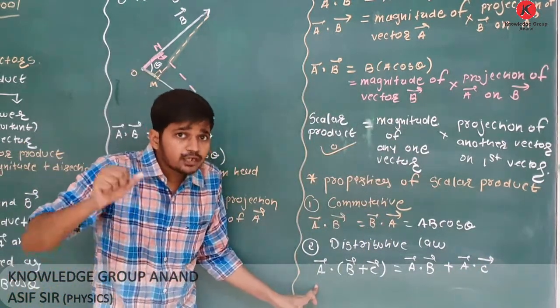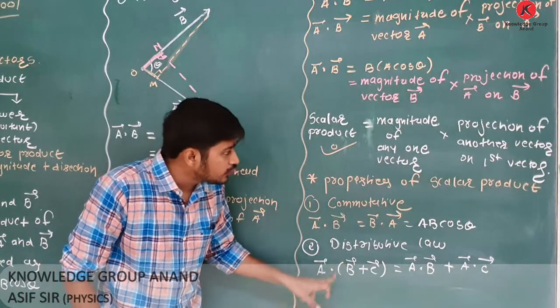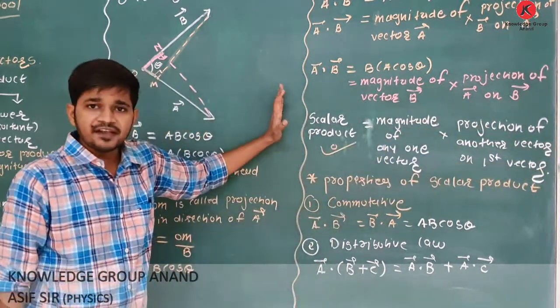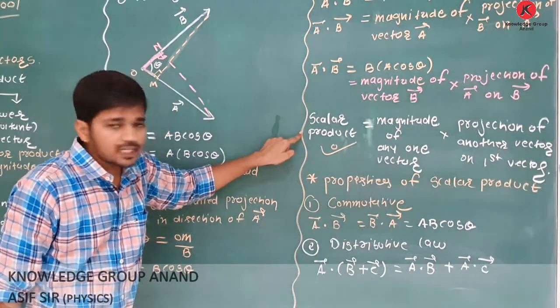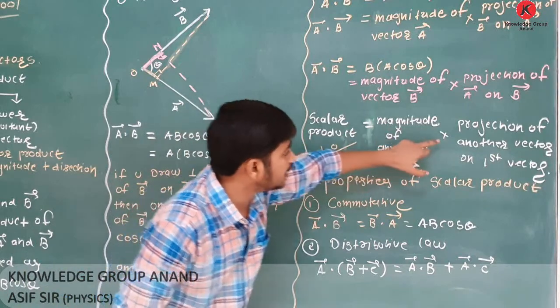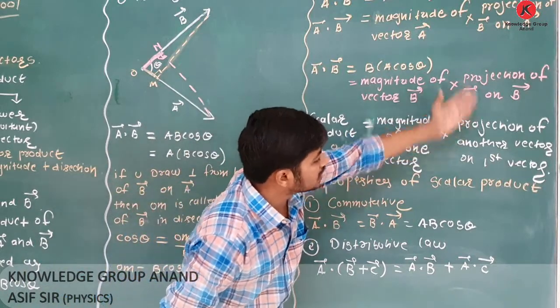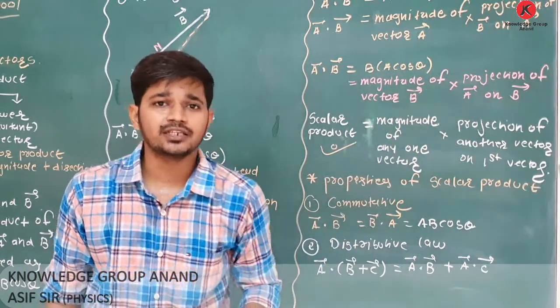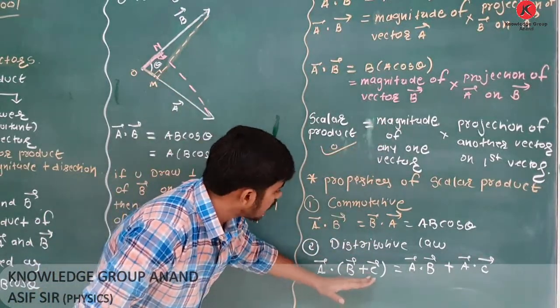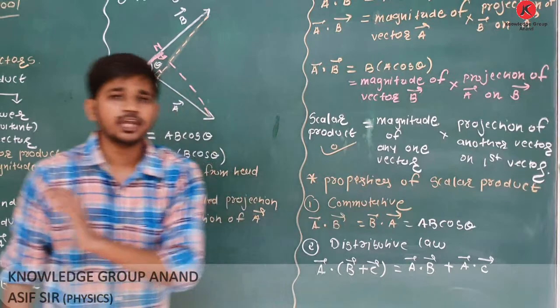Now we will prove this distributive law with the help of this definition. What is scalar product? Scalar product is the magnitude of one vector into the projection of another vector on the first vector. Okay, so with the help of this definition, we will prove this distributive law.